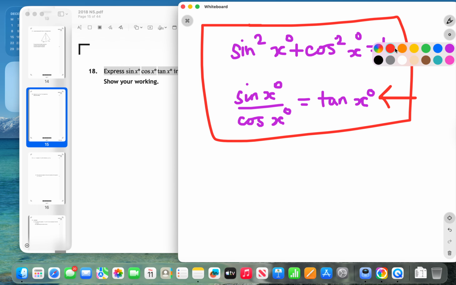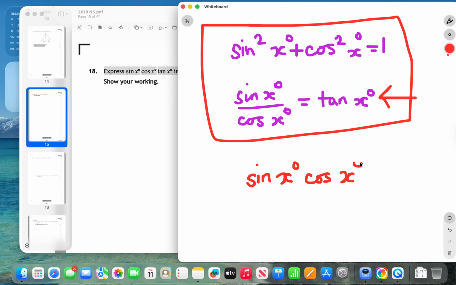So we have sin x cos x tan x. We'll write it down as it appears in the question. And we then want to somehow substitute this identity into this.